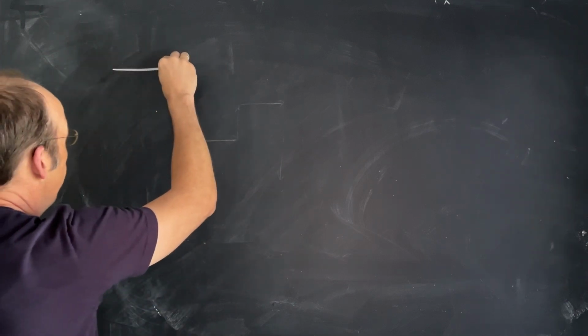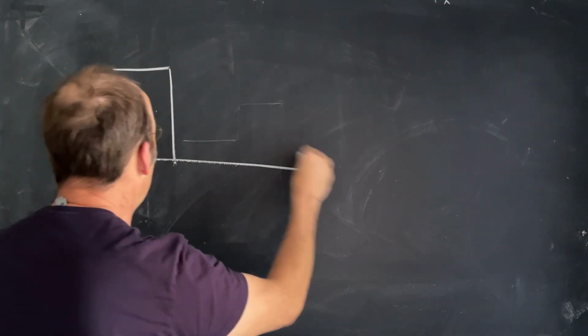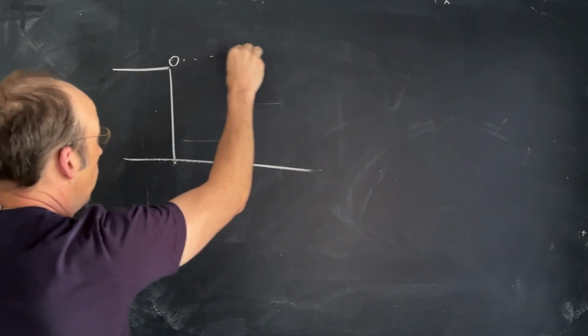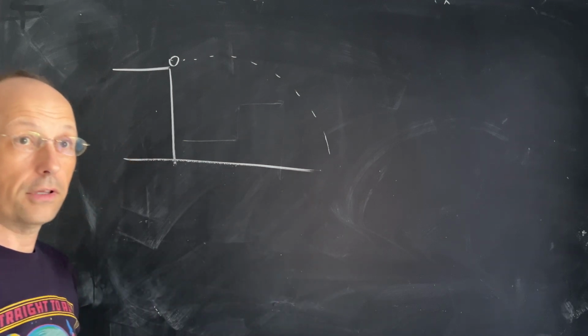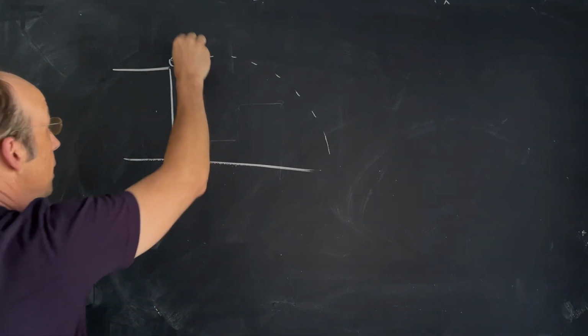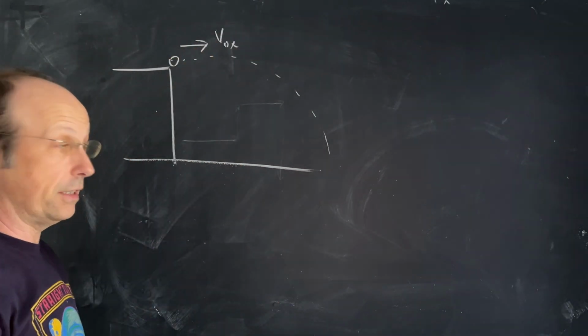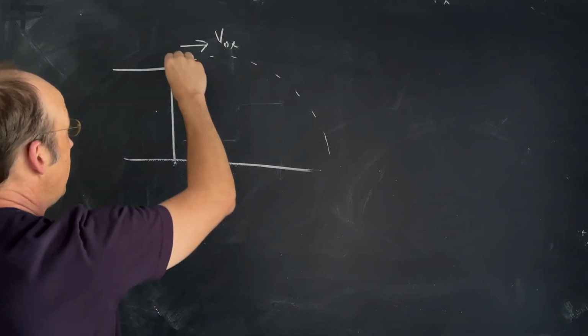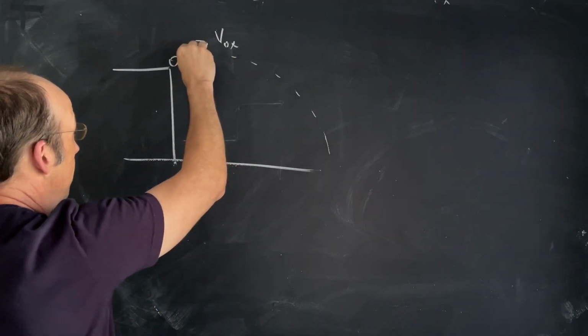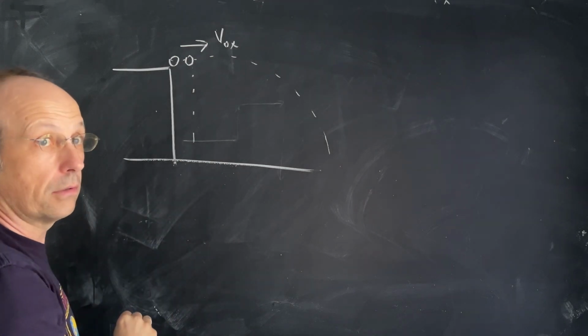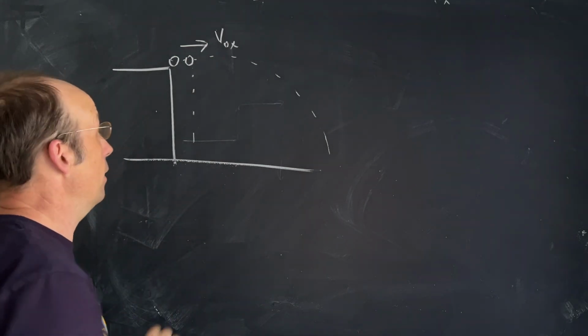Let's look at this famous case, and I'll just sketch it out here. Suppose I have a cliff or a table, it doesn't really matter, and I launch a ball horizontally off like that. So it has some initial velocity in the x direction, v0x, and the y direction has 0 velocity. And at the same time, I drop a ball straight down. These two balls are going to hit the ground at the same time.